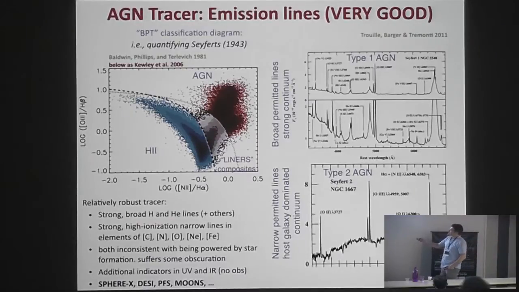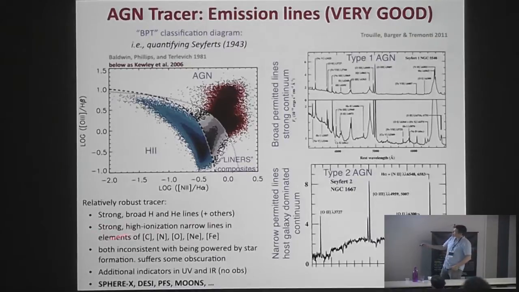In addition to being able to trace the narrow lines, you also, of course, are sensitive to the broad lines, so you can make distinctions between unobscured and obscured AGN. You can look at the obscured fraction and how it changes.